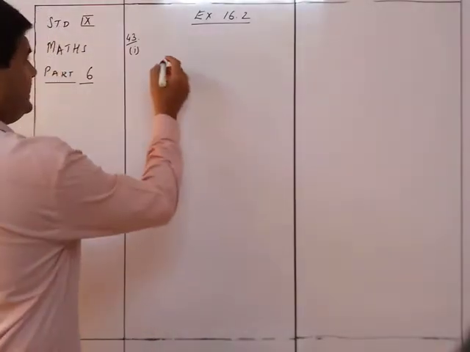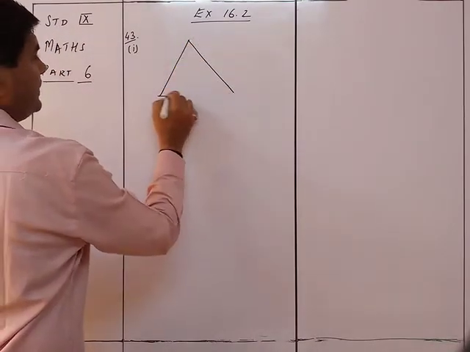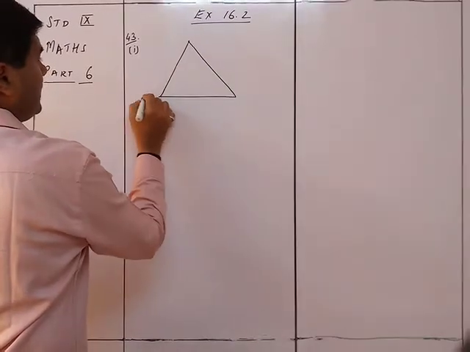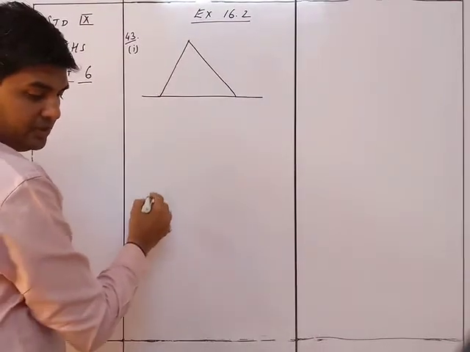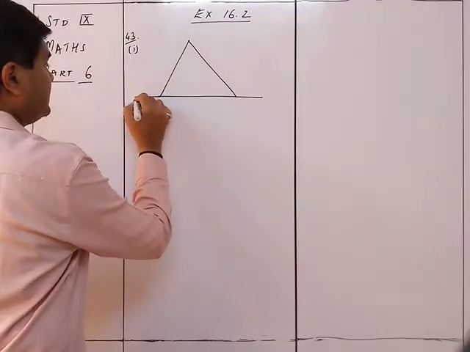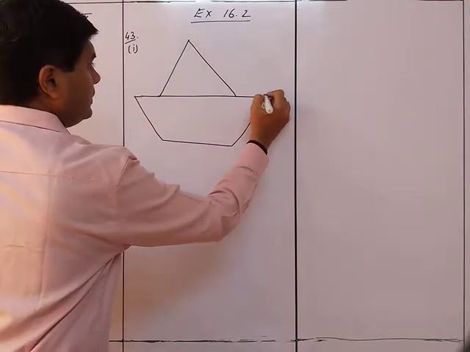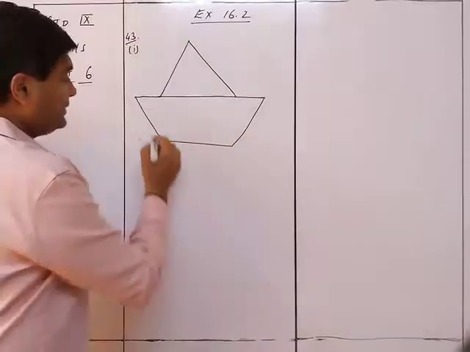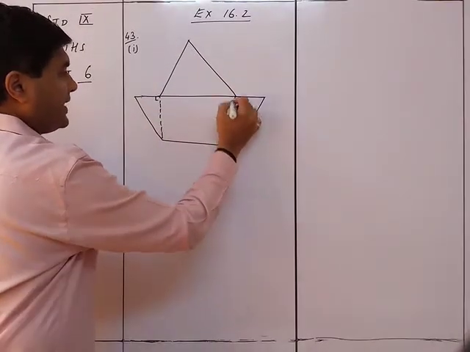The first one is an easy one. We have got an equilateral triangle over here, and connected to this is a trapezium, which is also an isosceles trapezium. They are given that this part over here is a right angle and this part over here is a right angle.